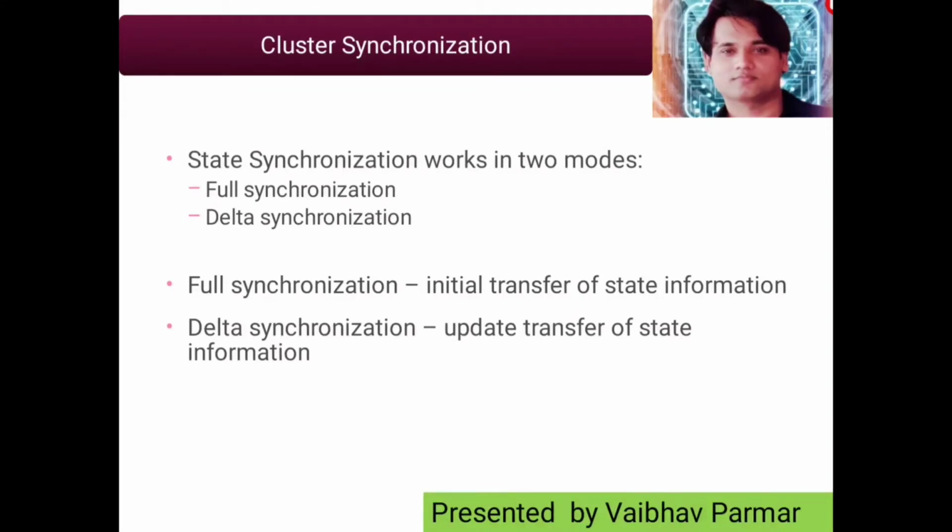Please note, every IP-based service, including TCP and UDP, is recognized by the security gateway and is synchronized. Let's understand how state synchronization works. Usually state synchronization works in two modes: full synchronization and delta synchronization. Full synchronization transfers all firewall kernel table information from one cluster member to another.